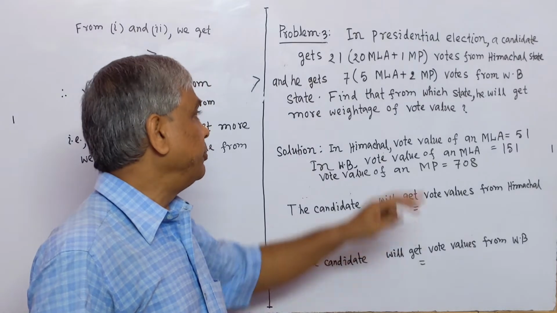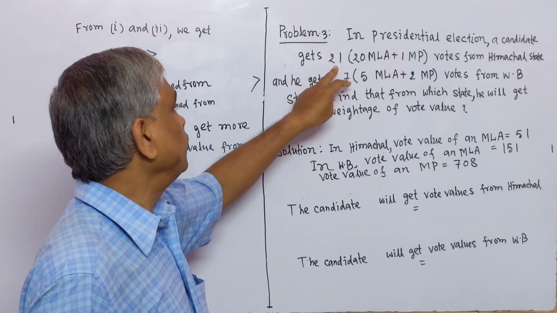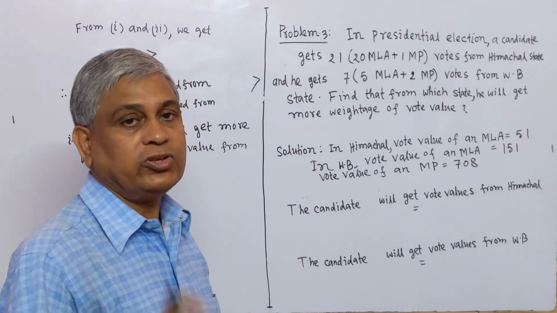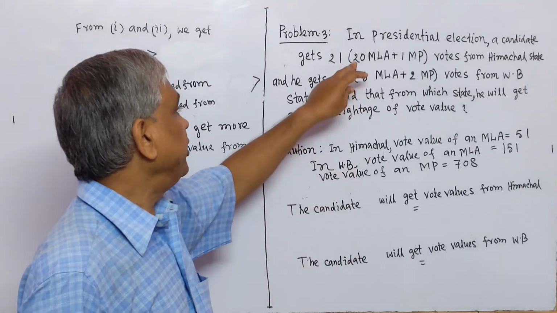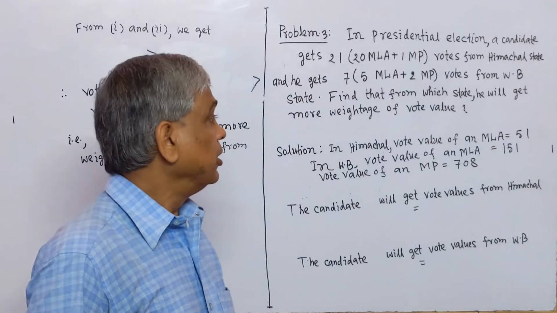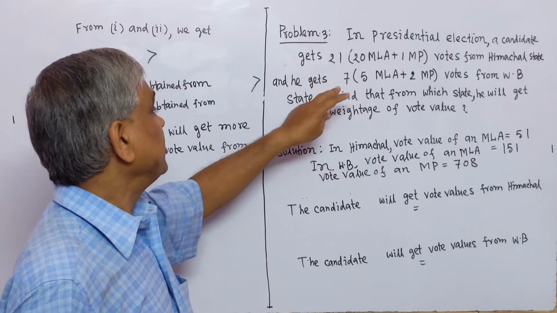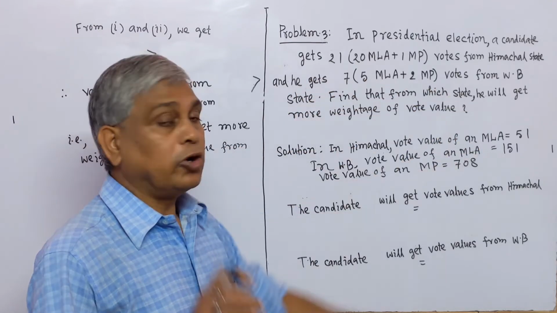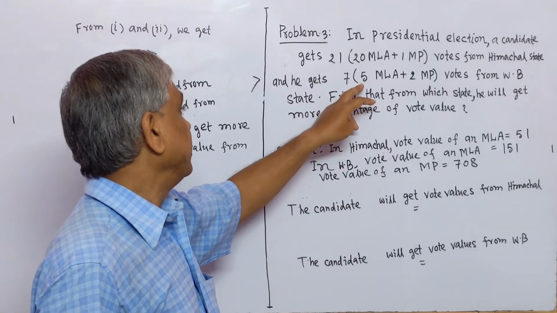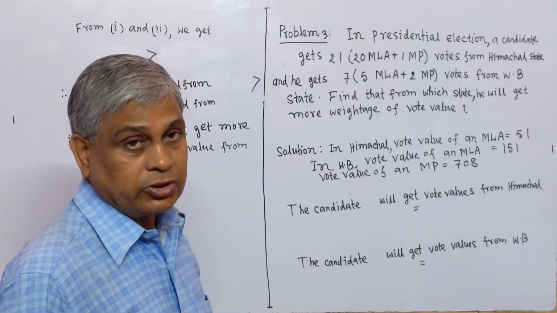Now we solve problem number 3. Problem is, in presidential election, a candidate gets 21 votes from Himachal state, in which he will get 20 MLA votes and 1 MP vote from Himachal state, and he gets 7 votes from West Bengal, in which he gets 5 MLA votes and 2 MP votes.